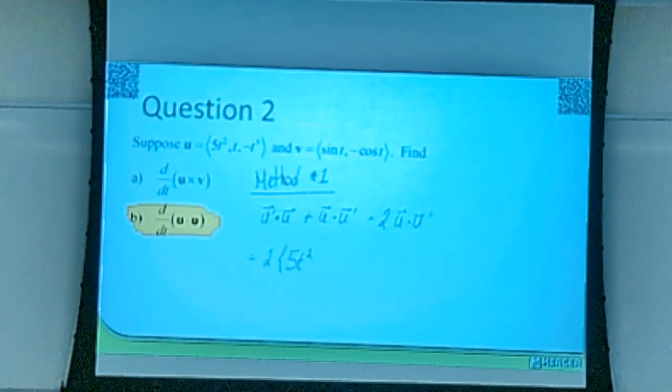What did we say E prime was? 10t, 1, and then minus 3t squared.